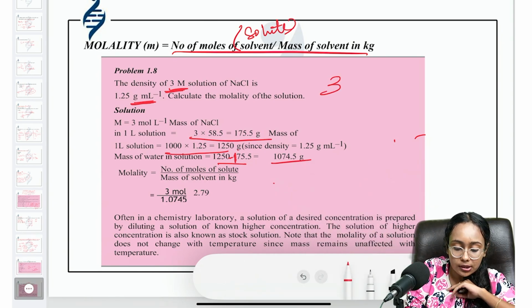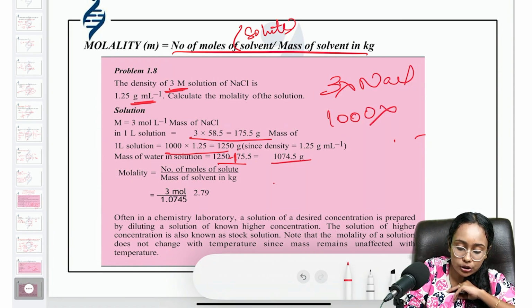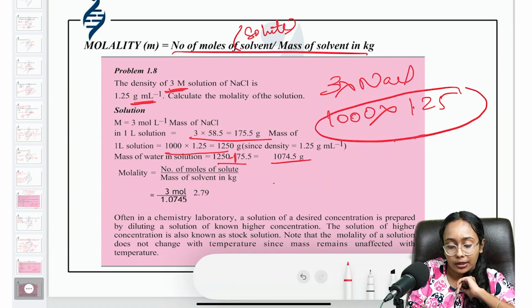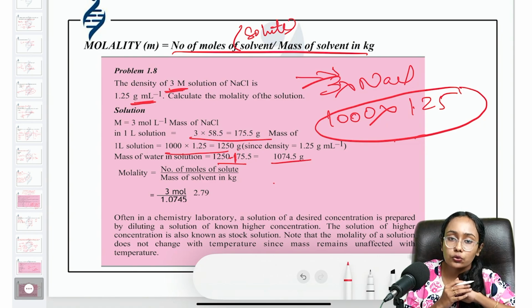Mass of solute is found out by 3 into NaCl. Mass of solution is found out by 1000 into 1.25, density into volume. Subtracting this from this gives you 1074.5, and that's the answer to the question.